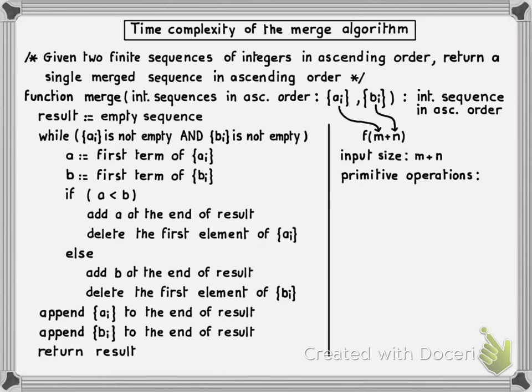So you can see that any operation in this algorithm can be implemented in constant time, and therefore we can pick any one of them as a primitive operation as long as it's representative of the total runtime of the algorithm. So for example, let's say we pick this operation as a primitive operation, this appending of two sequences.